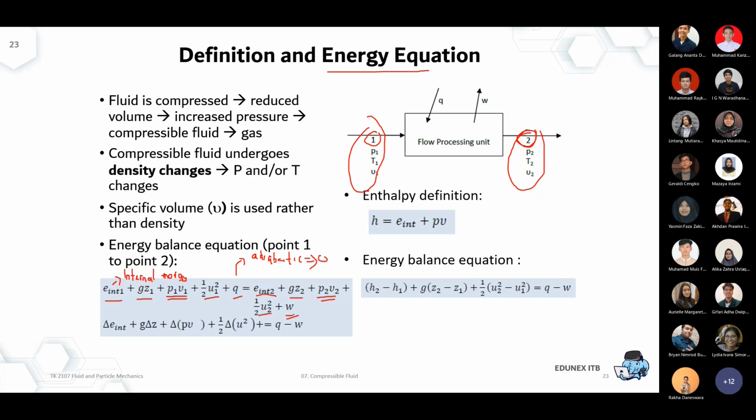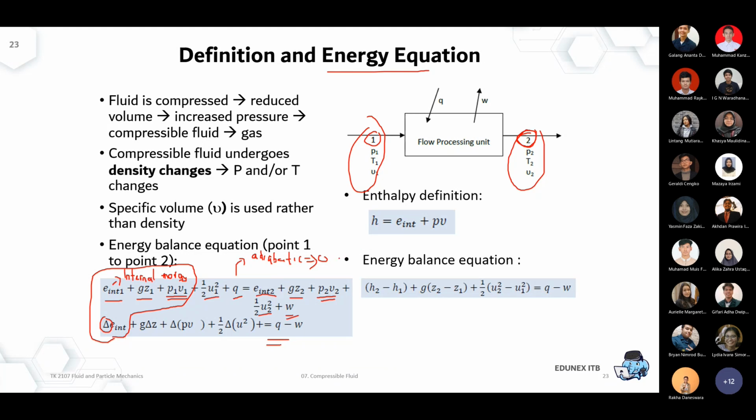Okay. Once you put it all together as a delta 2 minus 1, then you will get something almost like the first law of thermodynamics, Q minus W. But again, internal energy is safe to be used as a starting point because it covers all energy in the fluid, but it's not practical.